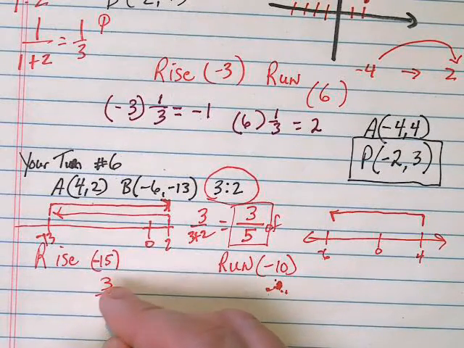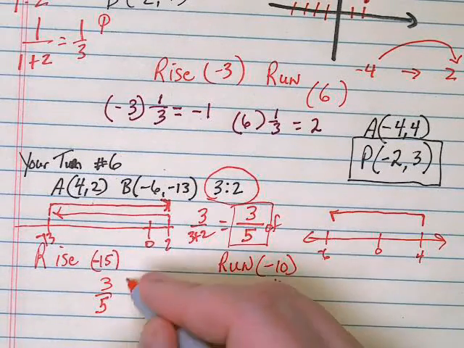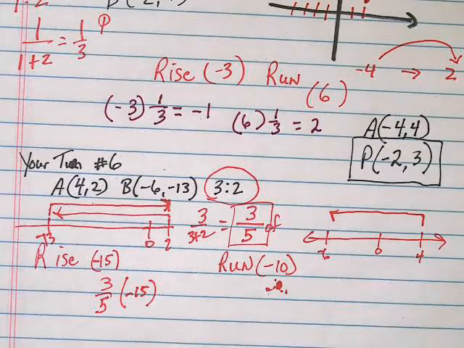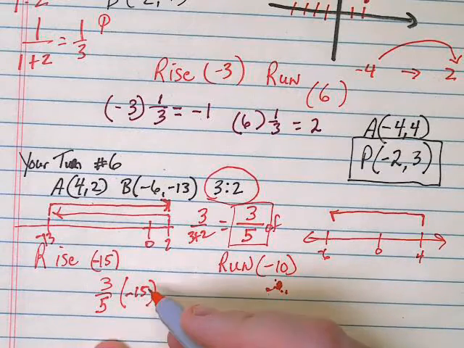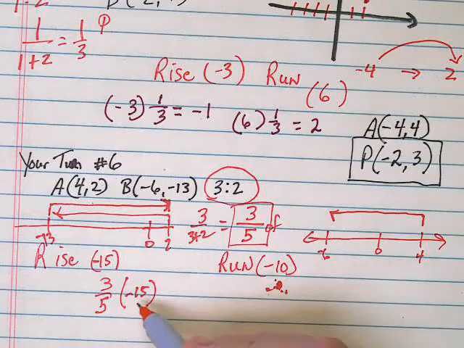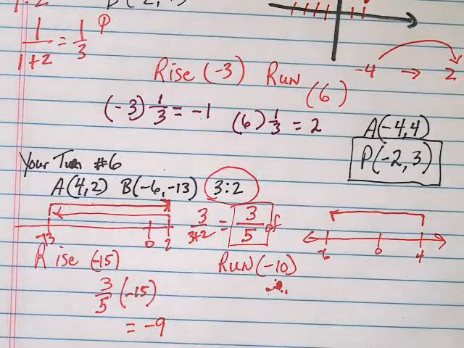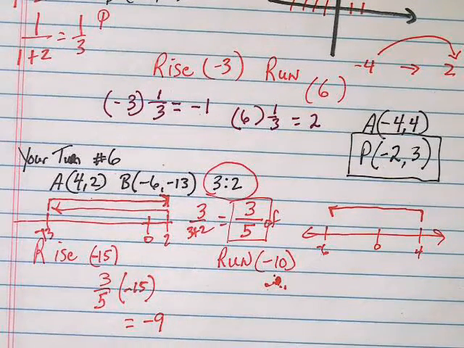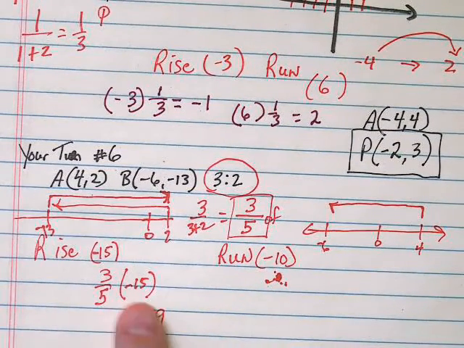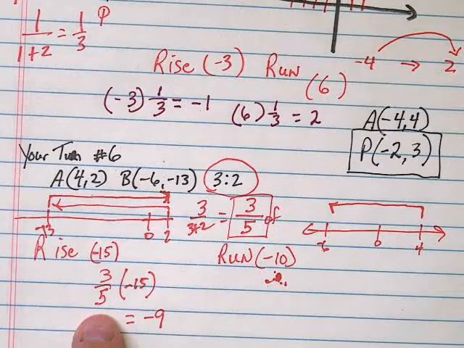So if I want to go 3/5 of negative 15, 3/5 of negative 15 is negative 9. 3 times negative 15 is negative 45, and negative 45 divided by 5 is negative 9.